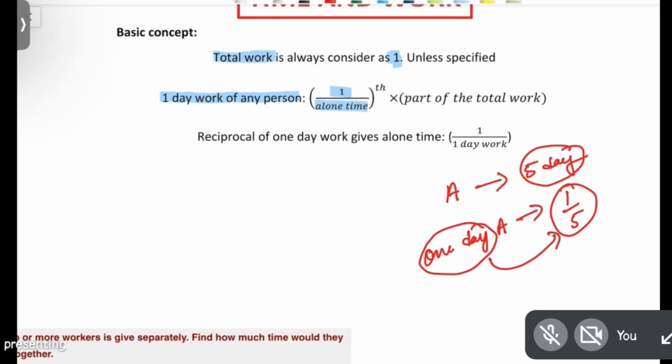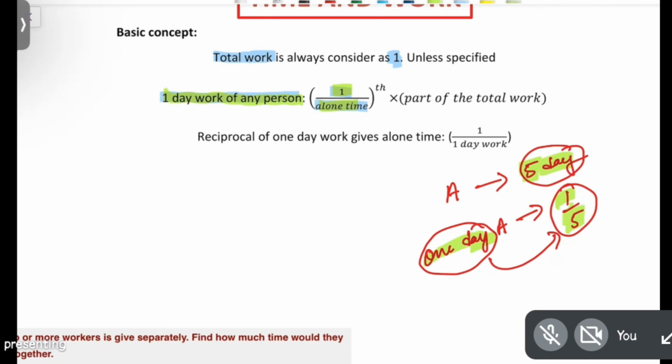Which means 1 day work of any person is nothing but 1 divided by alone time. If A can complete a work in 5 days, then in 1 day A can do 1/5 of that work. I'll explain in more detail when we do questions.